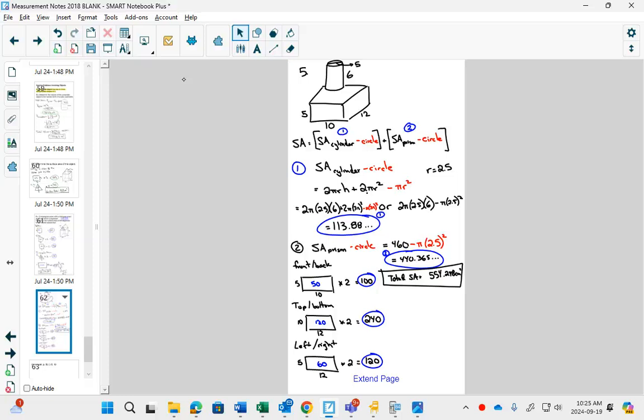Then to get the total, I just needed to add section 1 and section 2 together, and I have my answer. It's easy to get lost if we're not organized. It's easy to forget a side if we're not organized. So one of the things you're practicing is how do I organize my math to make everything fit together nicely?